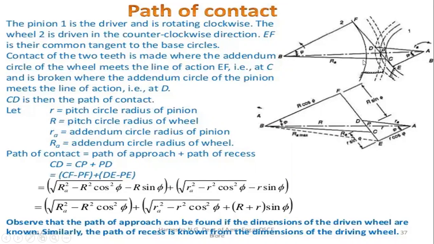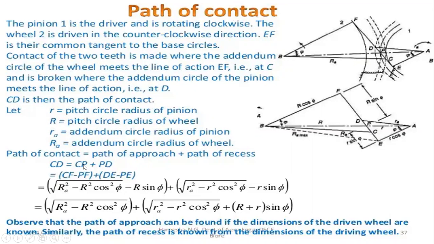So here, this is the C line, and this is P, the pitch circle line. You can see it in the first figure also. CP plus PD, where PD is the remaining part.